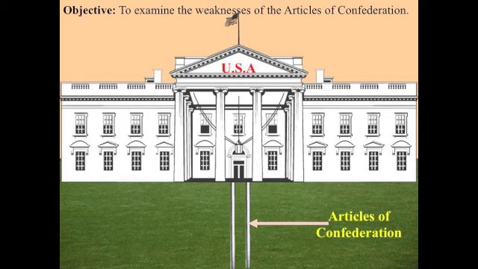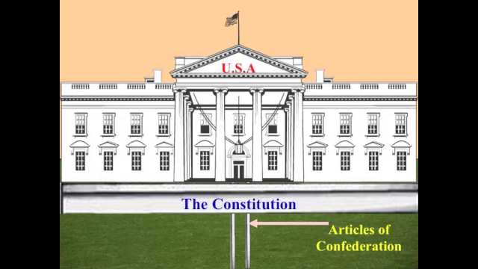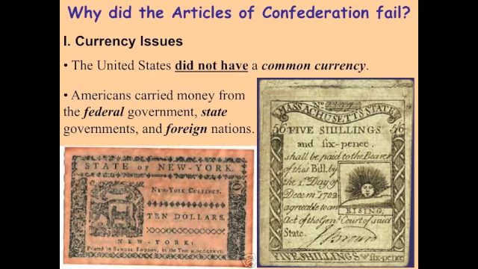So it's not a good foundation. It was very, very, very weak. On the flip side, the Constitution, when we finally get around to writing it, is that bottom foundation. It's across the entire White House and it's thick, which means that it was a lot stronger than the Articles of Confederation. So let's figure out some of the weaknesses in the Articles of Confederation.